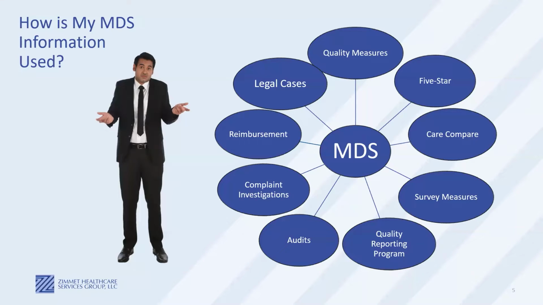Some of them are posted publicly on the Care Compare website for CMS. So anyone who wants to look at your facility, whether it's a consumer or your hospital partners, also looks at Care Compare. Your HMOs look at Care Compare. Accountable care organizations also look at it.